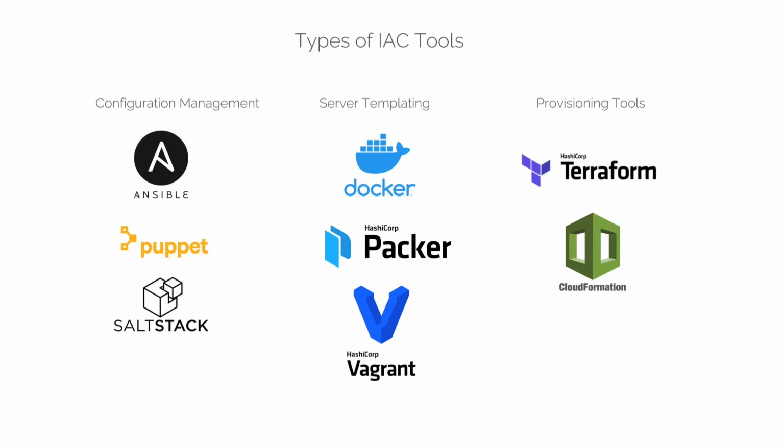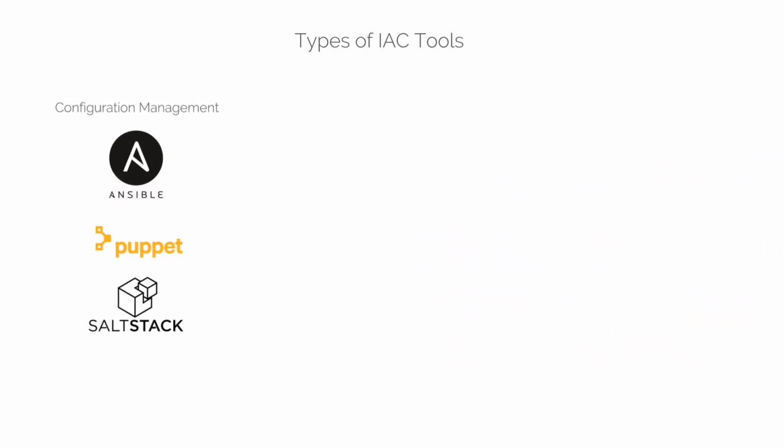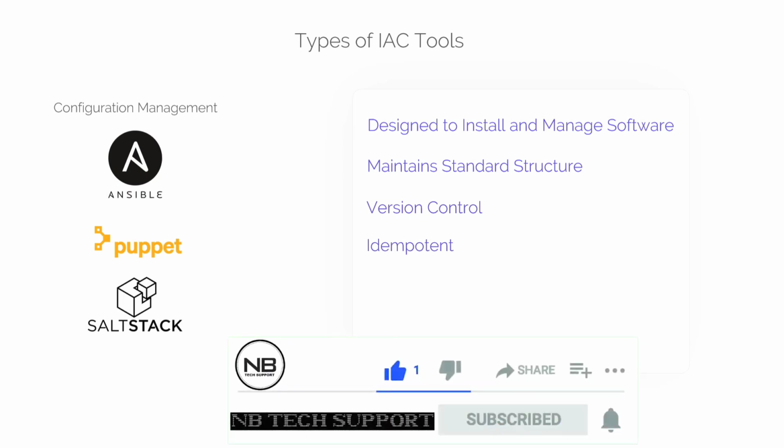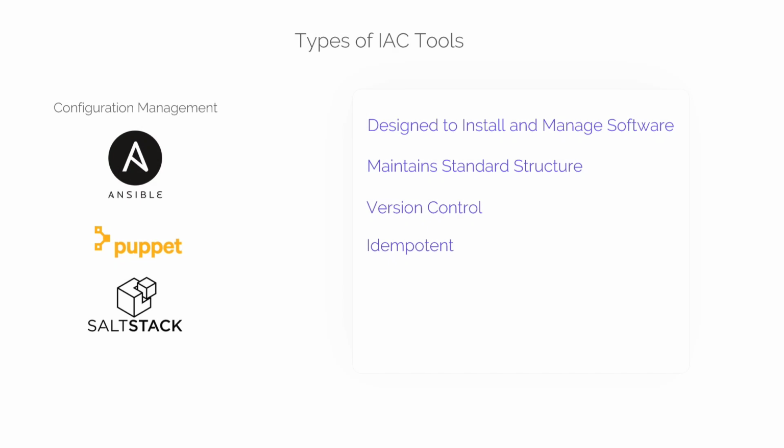The first type of IAC tool that we are going to take a look at is configuration management tools. These include tools like Ansible, Chef, Puppet, and SaltStack. These are commonly used to install and manage software on existing infrastructure resources such as servers, databases, networking devices, etc. Unlike the ad hoc shell scripts that we saw earlier, configuration management tools maintain a consistent and standard structure of code, and this makes it easier to manage and update as needed.